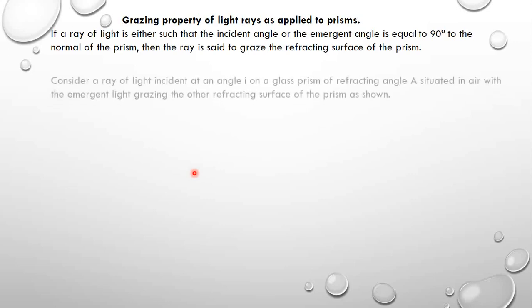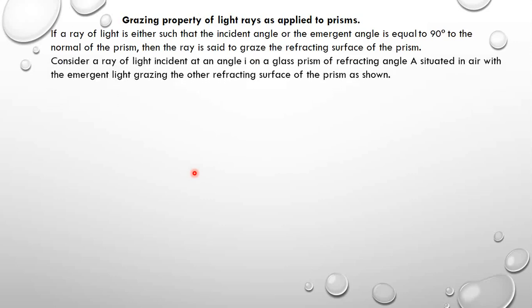So if we consider this ray of light incident at an angle I on a glass prism of refracting angle A situated in air, with the emergent light grazing the other refracting surface of the prism as shown in this diagram, we call this the maximum deviation diagram.